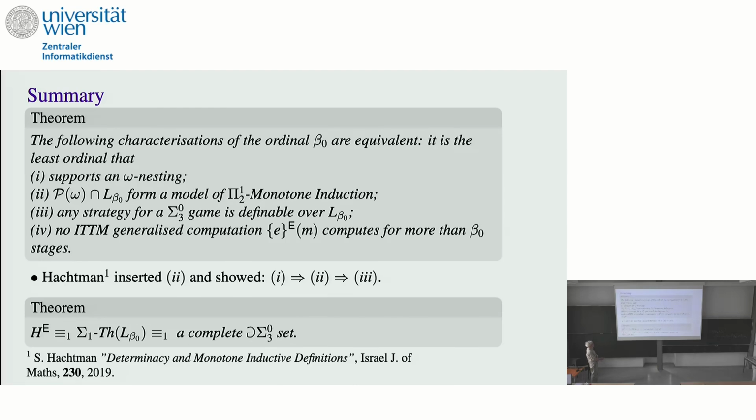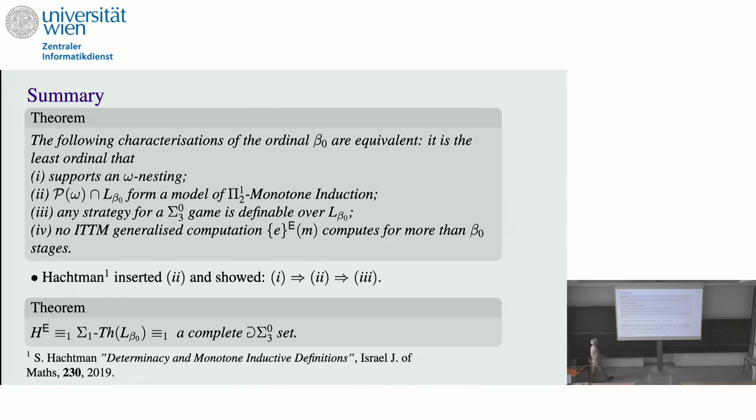These are equivalent. It's the least ordinal that supports this omega nesting. I'll skip to 3. Any strategy for sigma 0,3 game is definable over this L beta 0, and there's no ITTM generalized computation here that computes for more than beta 0 stages.